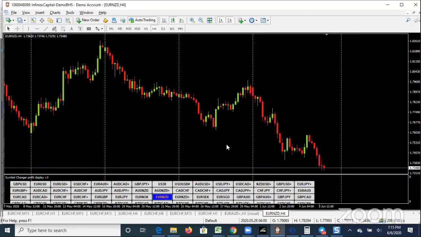Yeah, so the next joint Zoom we'll be having, we'll be looking at confluence of confirmations, right? Should I just pick a trade simply because price has retraced back to the OTE? Are there other things I want to see before taking a trade?